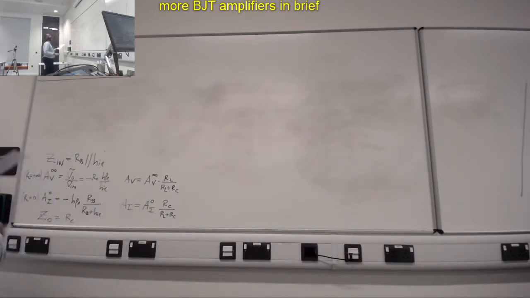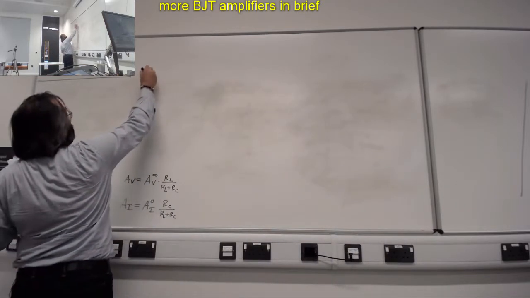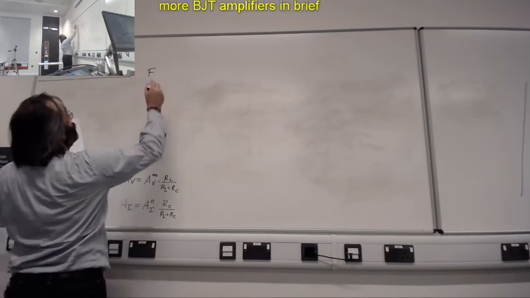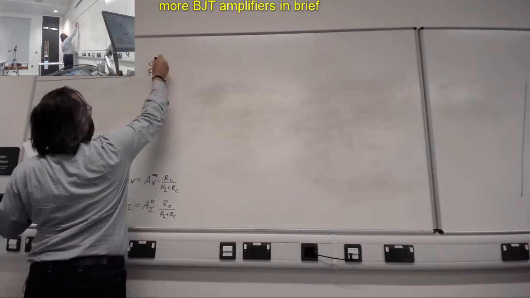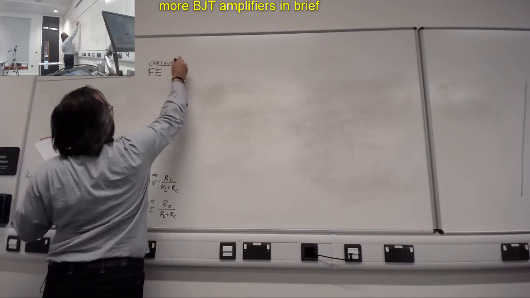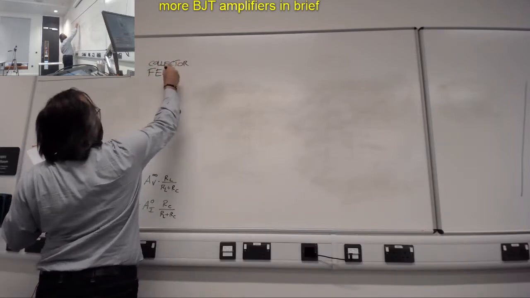Okay, another circuit that is quite often found is the so-called collector feedback configuration. Feedback.